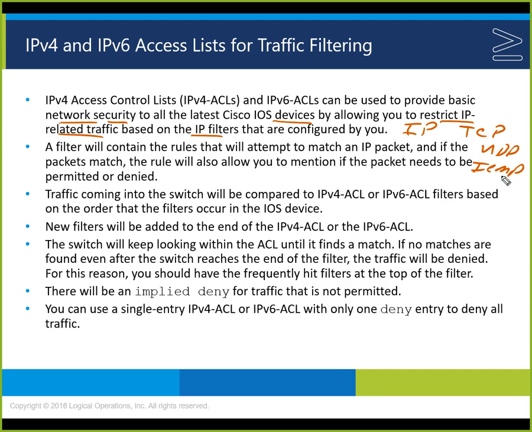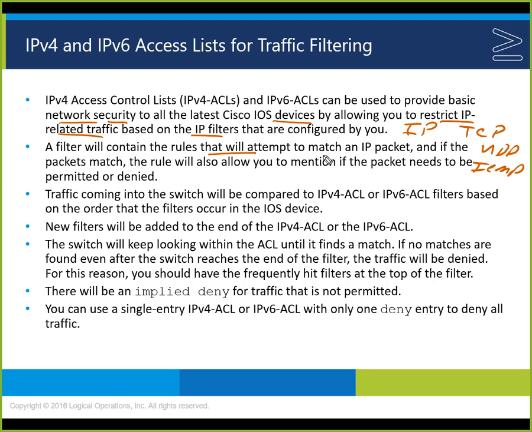And ICMP is different from these others. Linux uses UDP for its ping. Microsoft uses ICMP. So you kind of have to know what's going on your network, which protocols you need to permit and deny on your access control list.